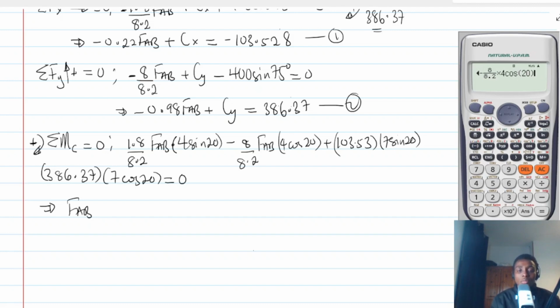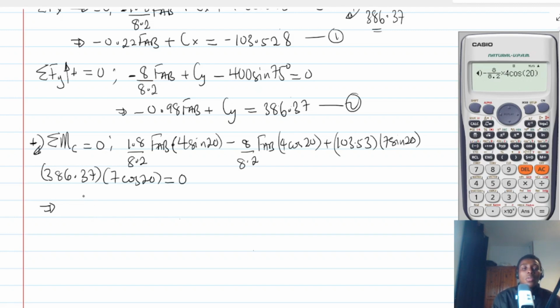That is FAB, right? Multiplied. And what is that? So that is minus 3.366, or let's say minus 3.367.